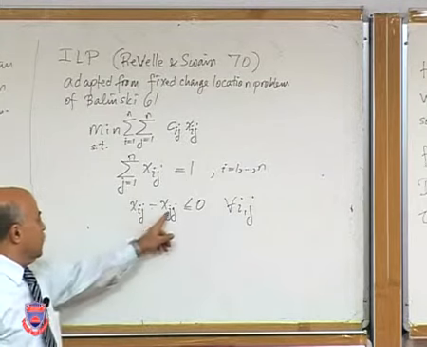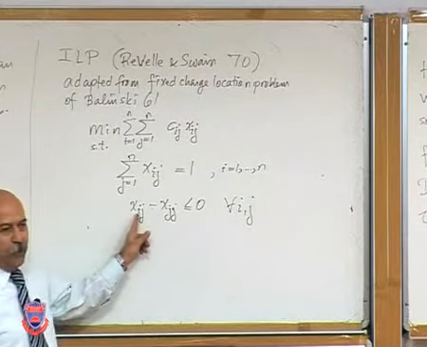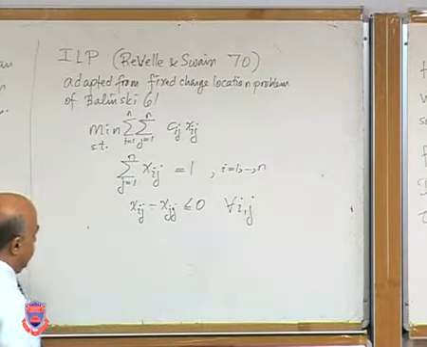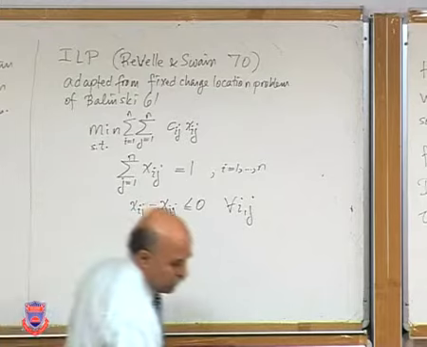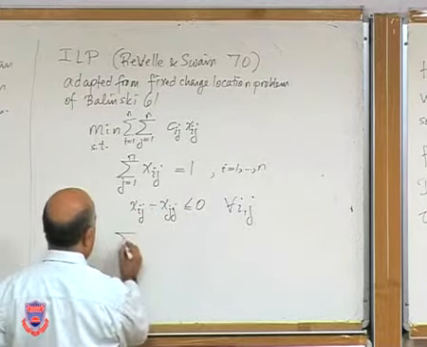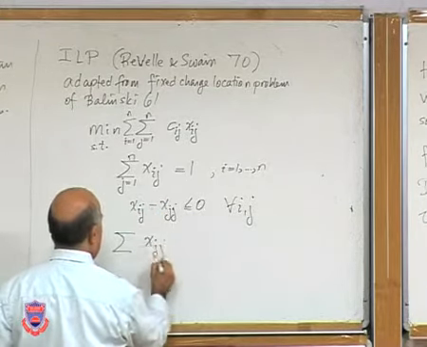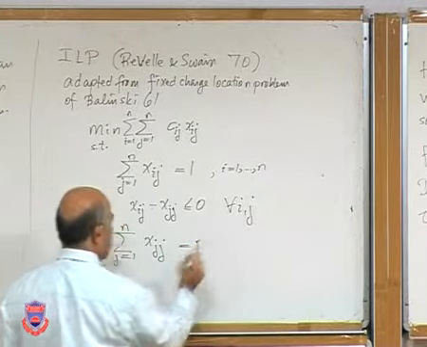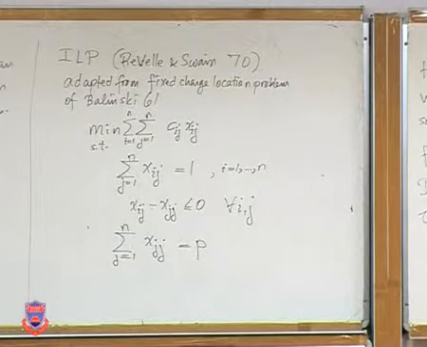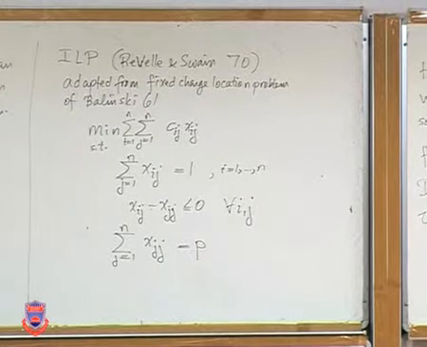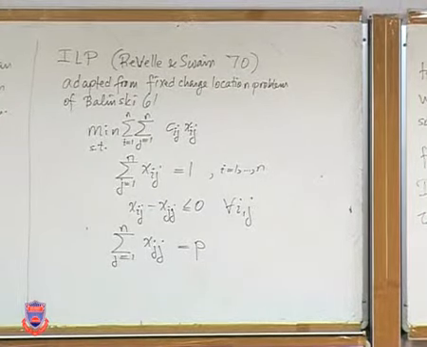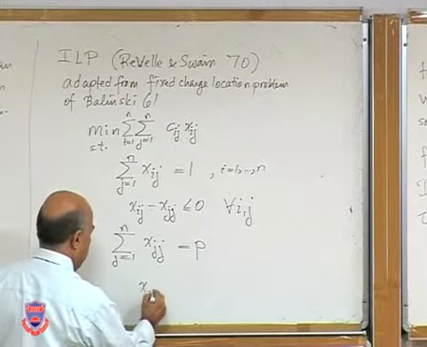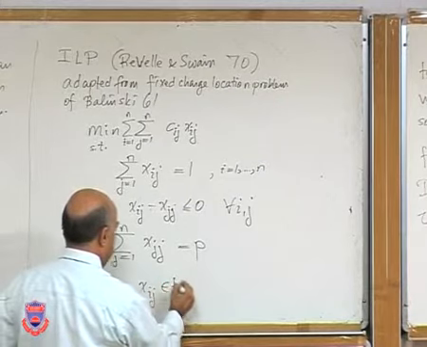But if it's 1, then you may or may not want to assign i to j whenever there's a facility. And finally, summation of Xjj, j going from 1 to n, is equal to the fixed number p. So you're choosing p out of n vertices by forcing this constraint. And Xij's are 0 or 1.